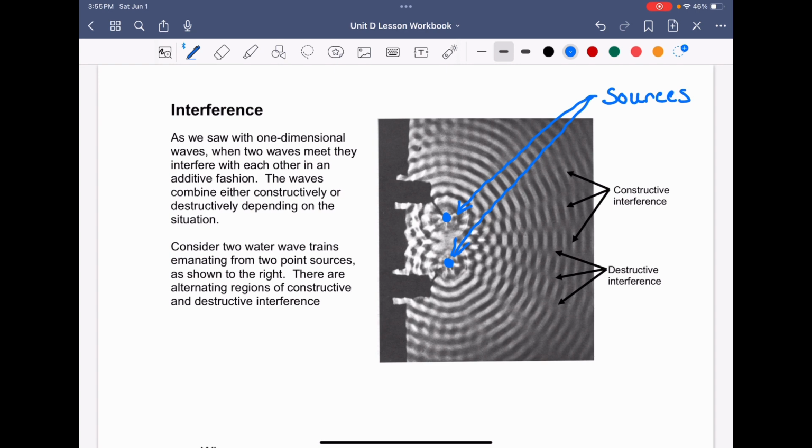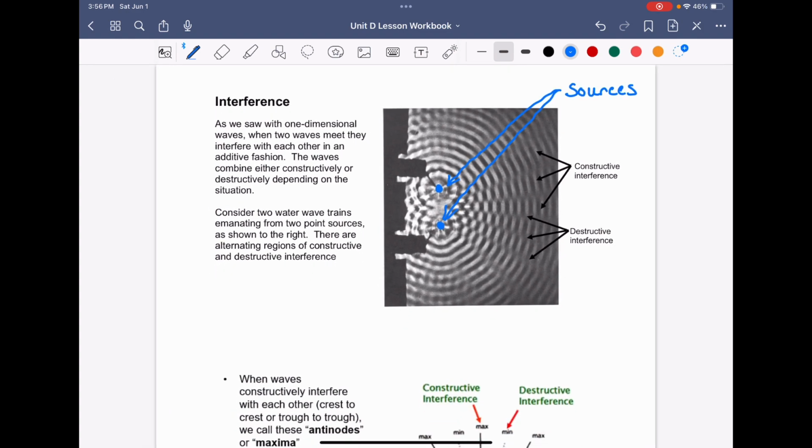Destructive is the opposite. We have the opposite orientation. So one orientation could be positive, the other one could be negative, heading towards each other, and they're going to act against each other in kind of a tug of war scenario. And then the resultant will be the addition of those two, the sum of those.